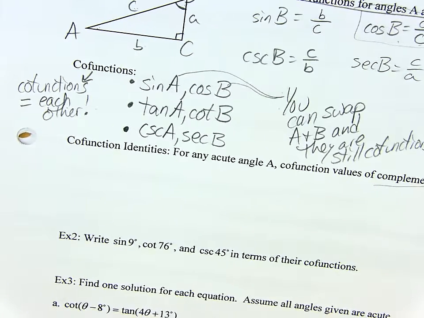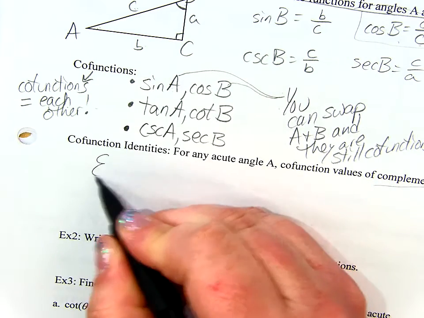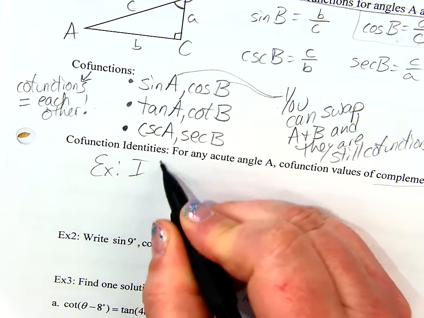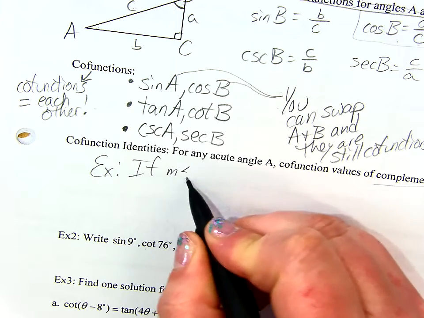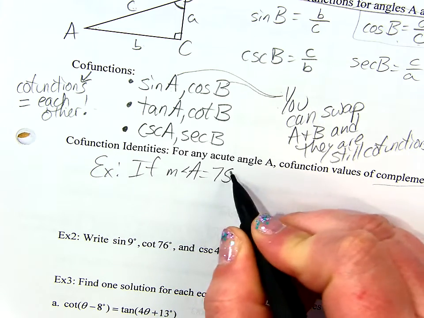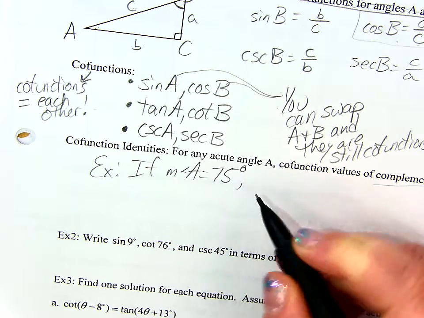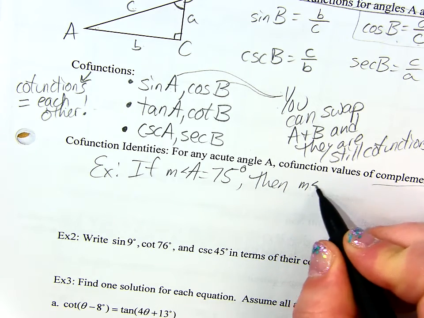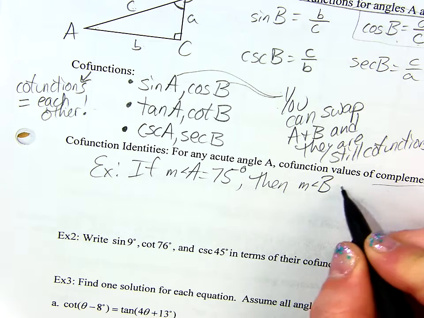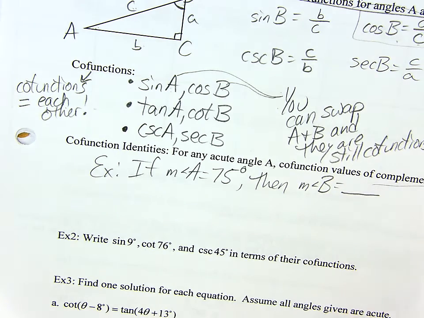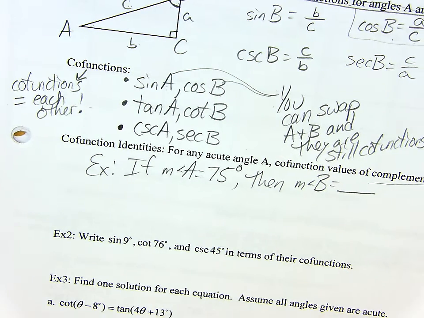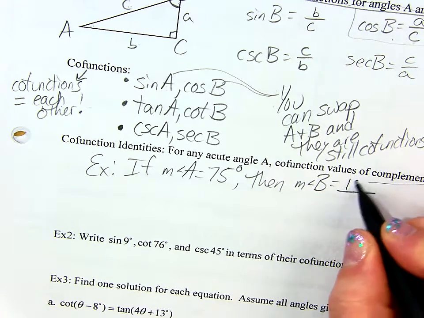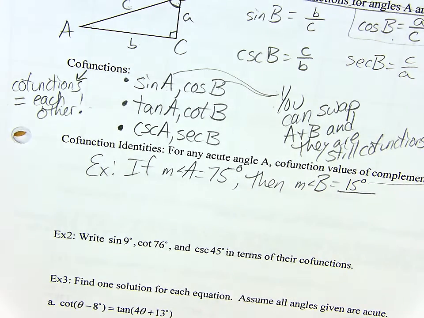Okay, so let's put some numbers in there. For example, if the measure of angle A is 75 degrees, what would the measure of angle B have to be? If A is 75, B must be 15. Okay.